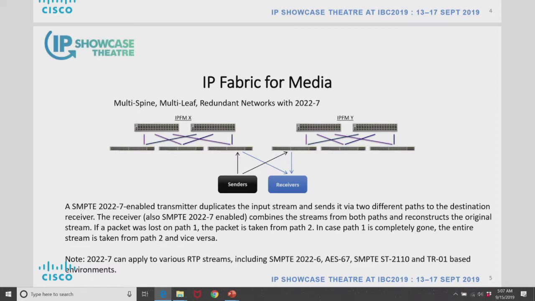Each of the endpoints, whether senders or receivers, connects to both sides of the fabric. These are air-gapped, with no connectivity between this side and this side.